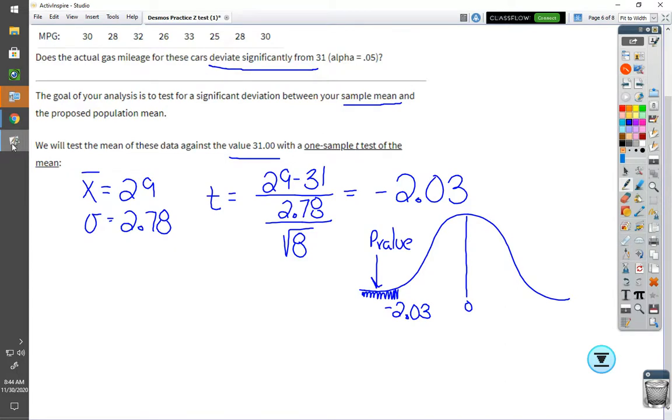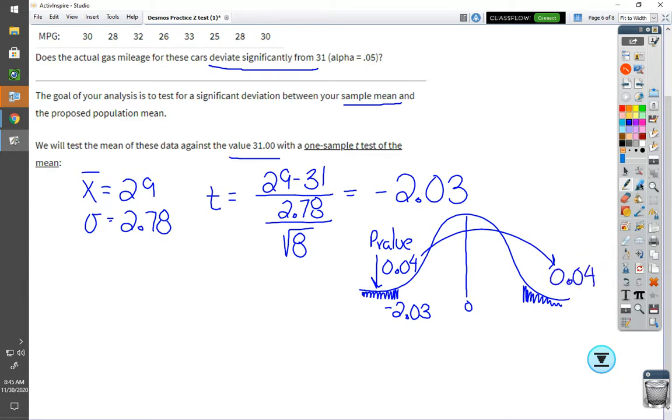Now remember what our question was. Our question was, does it differ? Is it not the same? So when I test this p-value, I'm going to change color. On this one-sided p-value, it's 0.04. But remember, there's a whole nother 0.04 if we had deviated to the right-hand side.